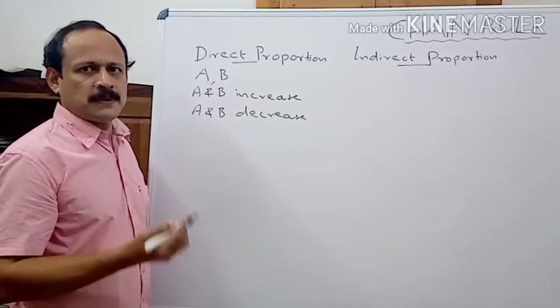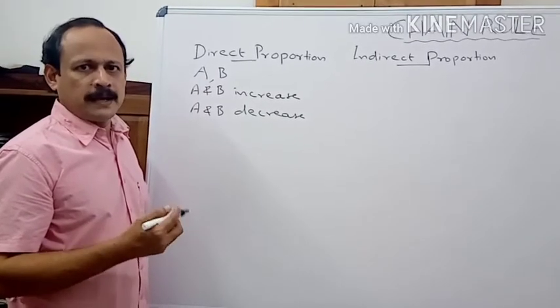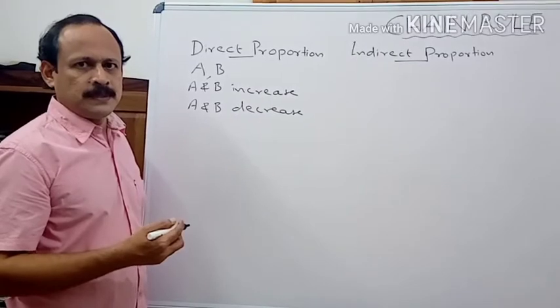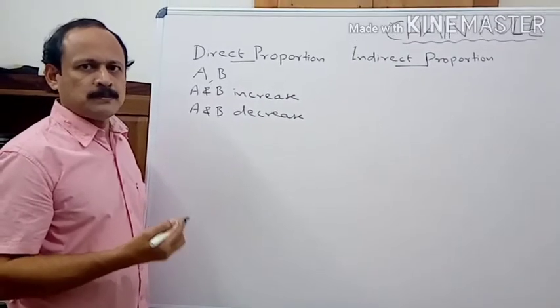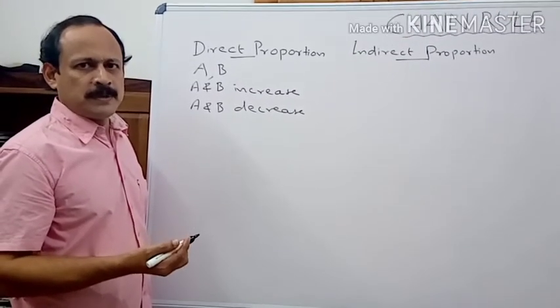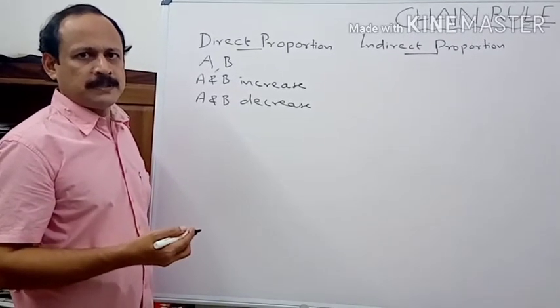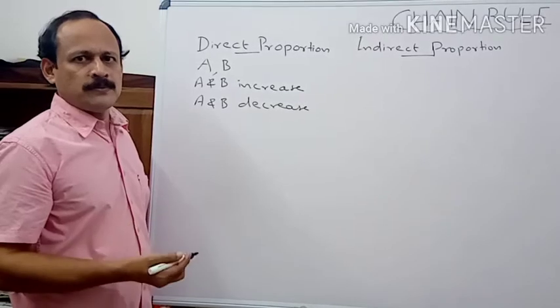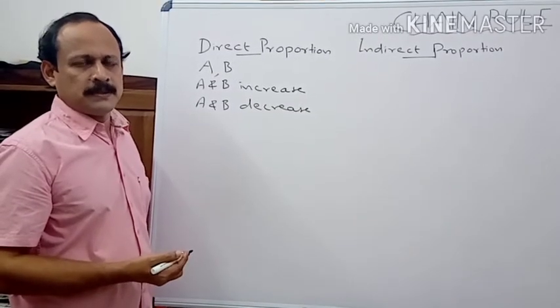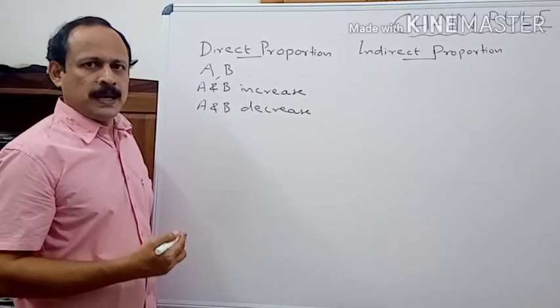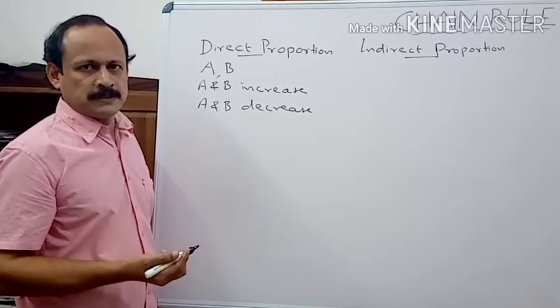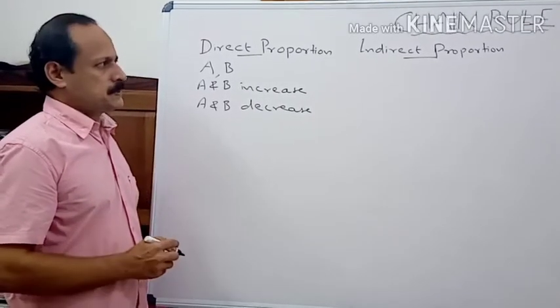So items and cost are in direct proportion. If more laborers are employed to do a work, then more work can be completed. So number of laborers and work are in direct proportion.